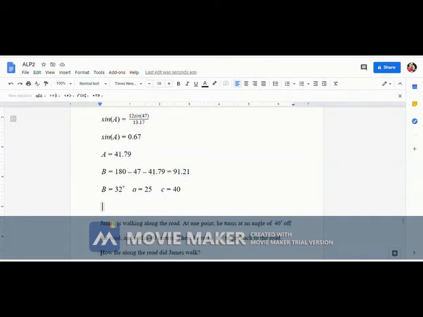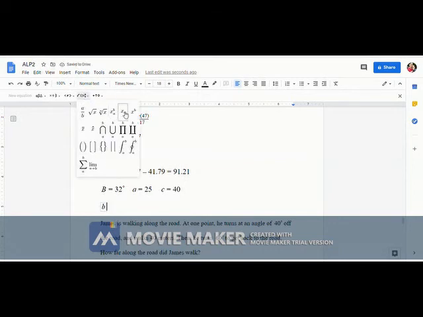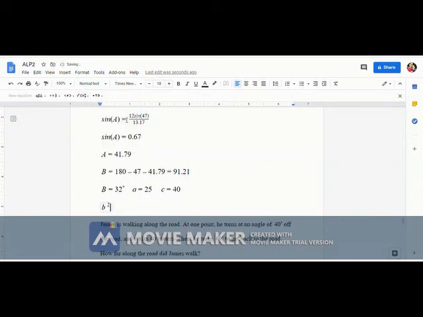So b squared equals a squared, or 625, plus c squared, or 1600, minus 2a times c times cosine of the included angle.